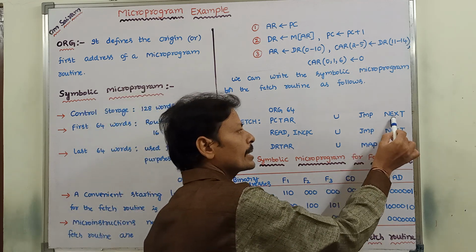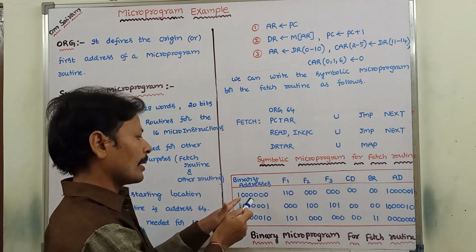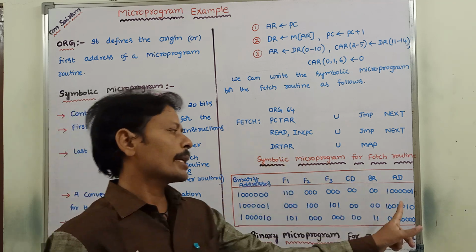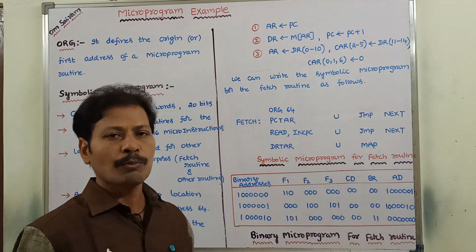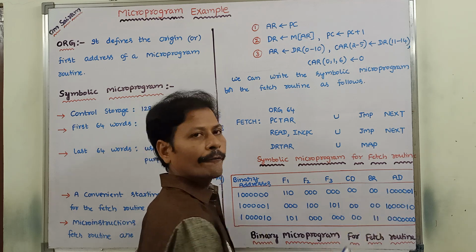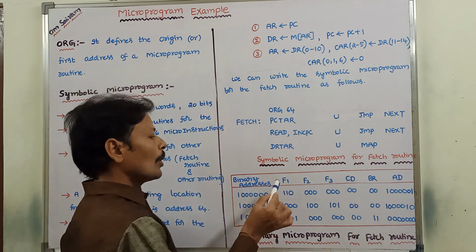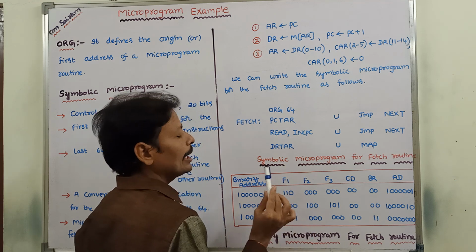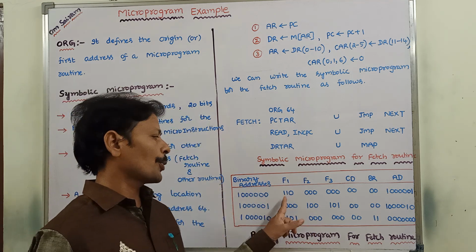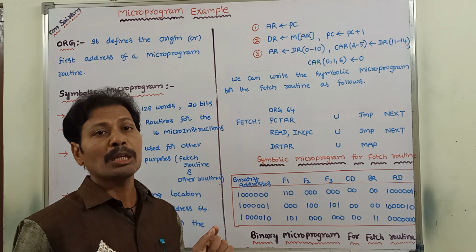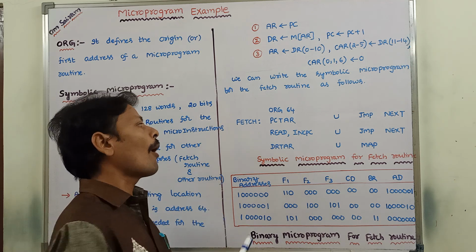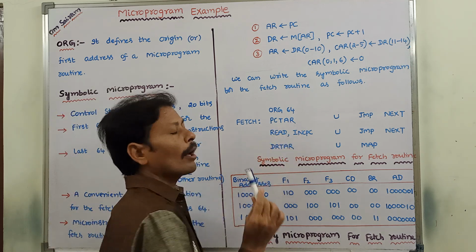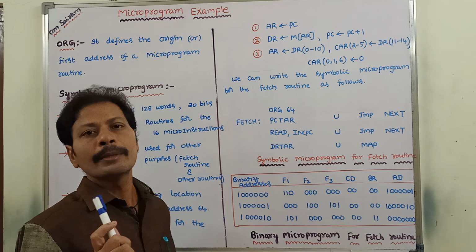Then what is the next address? Here the address is 64. What is the next address? 64 plus 1, that is 65. Okay, so in this first row only the F1 field contains 110. 110 is nothing but the binary code of PCTAR in the F1 table.